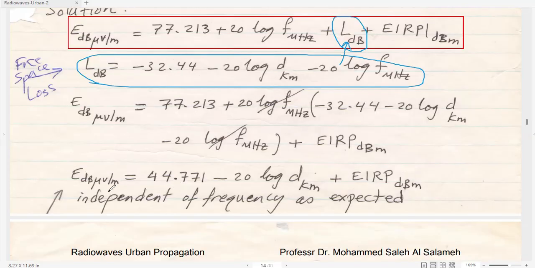This equation gives the electric field near the receiver in terms of the distance, the gain and the power of the transmitter. As we mentioned before, this is related to the universal equation, which gives the electric field, and it is frequency independent.